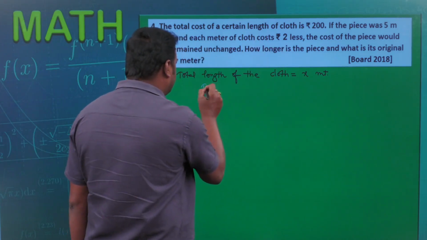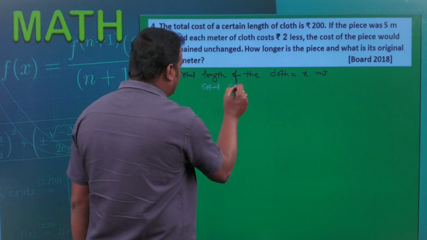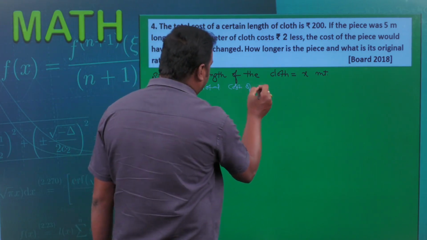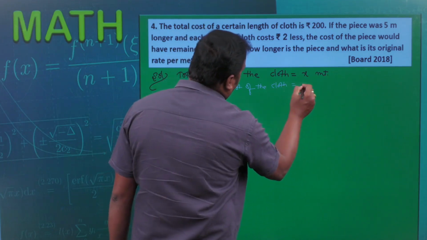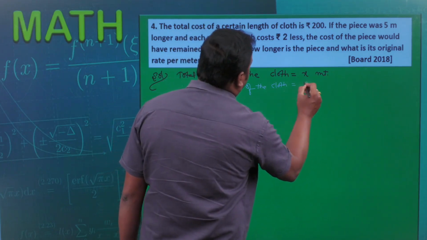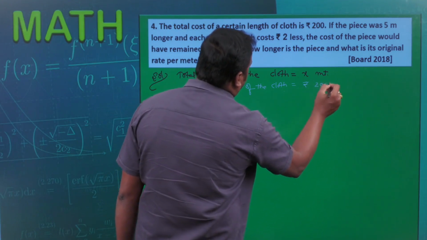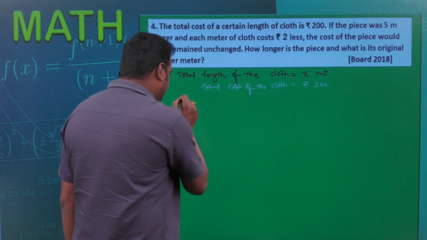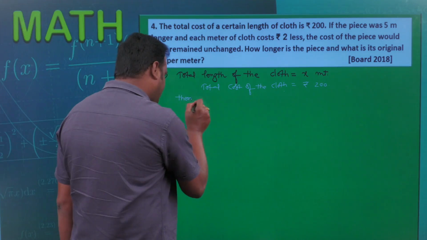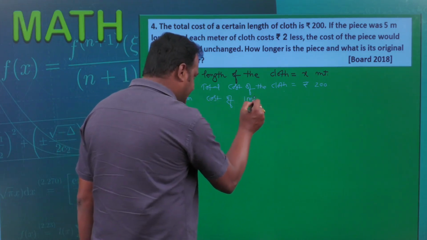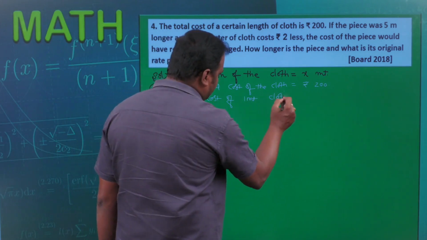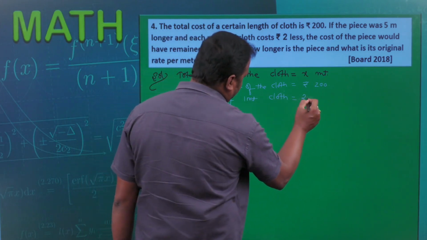So total cost of the cloth is equal to how much? Rupees 200. So I would like to find then the cost of 1 meter cloth.